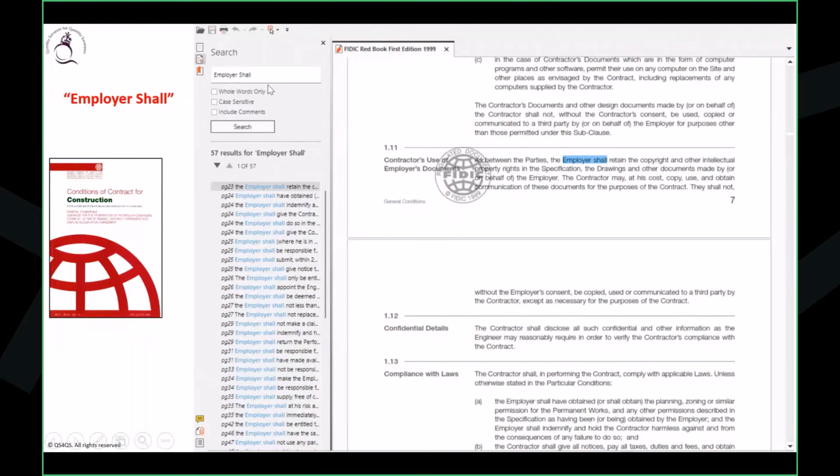Now, what do you mean by employer's sale or contractor's sale or engineer's sale? Employer's sale means employer obligation, isn't it? So how many search results did we find here in the FIDIC? You can see on the screen, we got 57 search results. So the employer's obligation, which is very visible in the FIDIC, is this many.